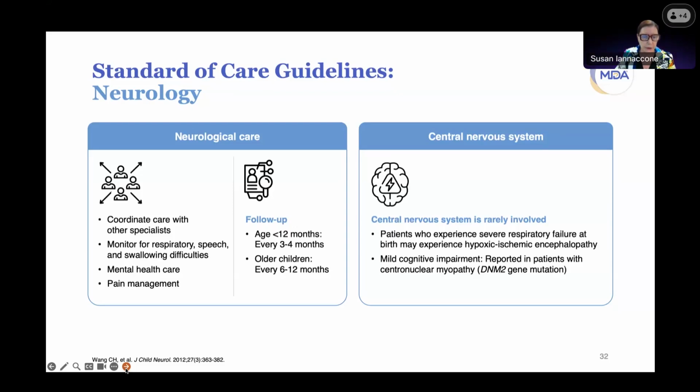We also want to look at mental health care and pain management as the patients get older. Central nervous system is rarely involved, as Zuri's already mentioned, although certain genes, such as the dynamin gene, might be affected with mild cognitive impairment.